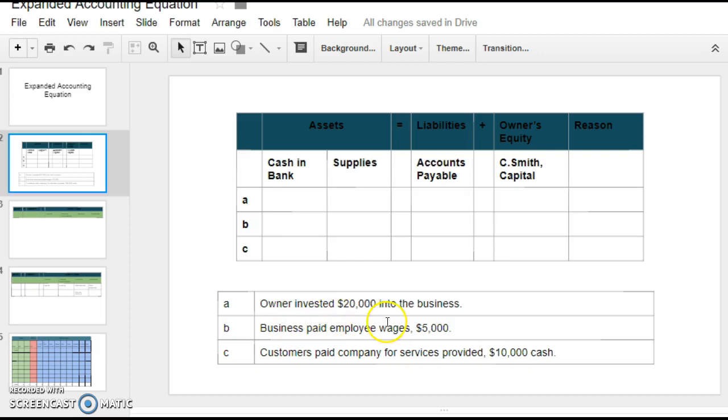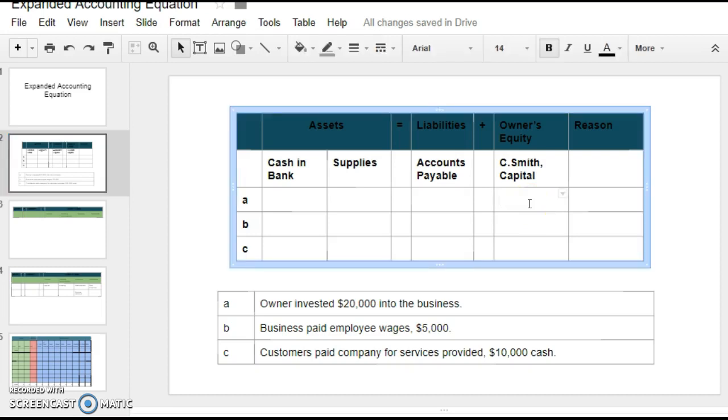The owner invested $20,000 into the business. Owner invested, I know that's the capital, and when the owner invests money, that owner's capital goes up. Invested what? $20,000. So cash in bank goes up.